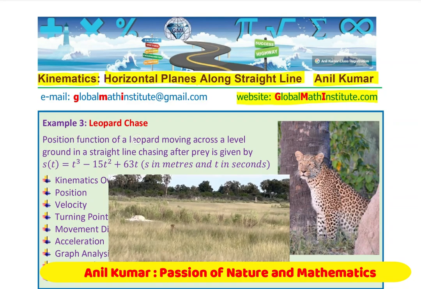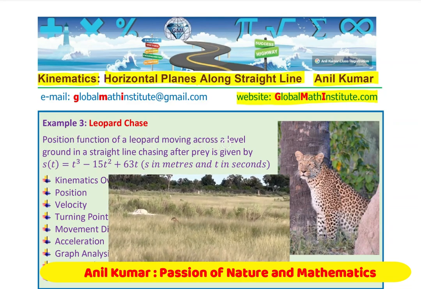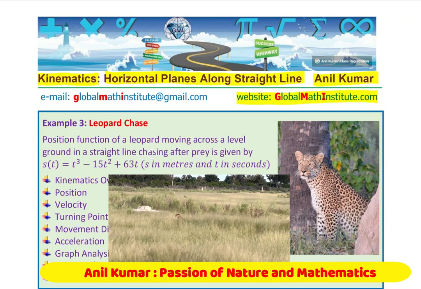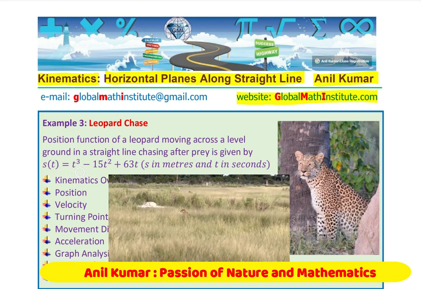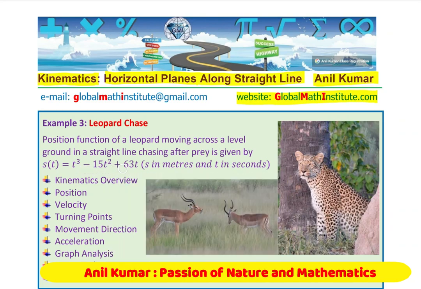The position function of a leopard moving across level ground in a straight line, chasing after prey, is given by s of t equals t cubed minus 15t squared plus 63t, s in meters and t in seconds.